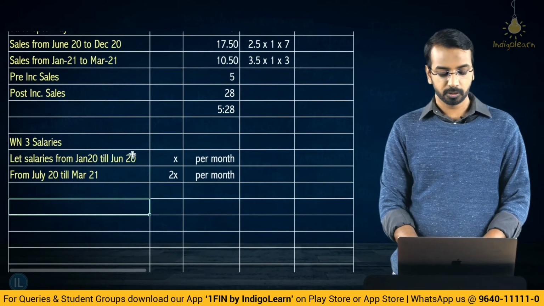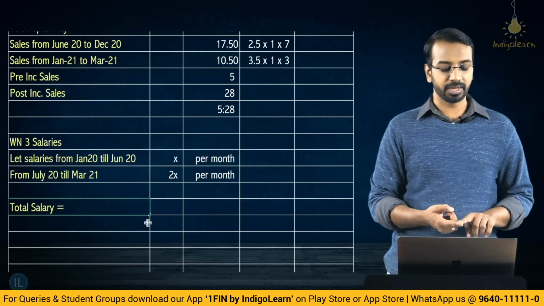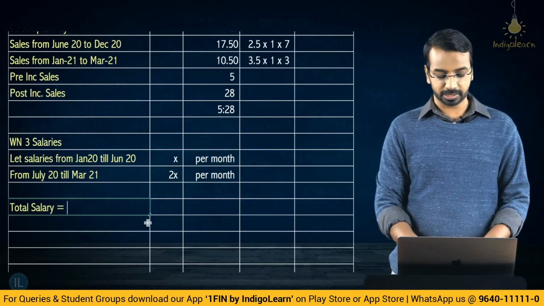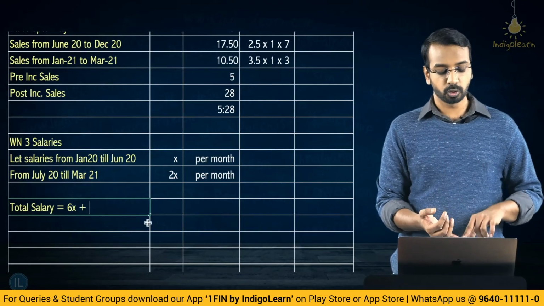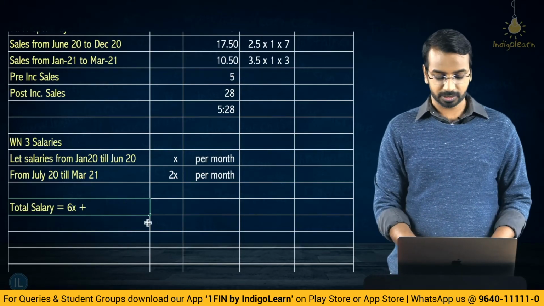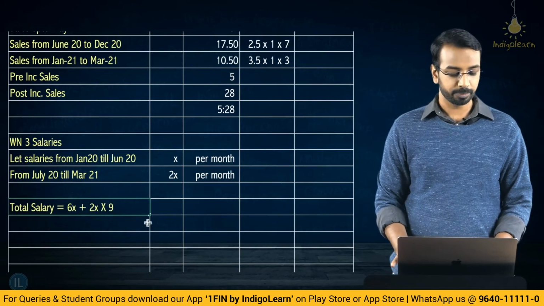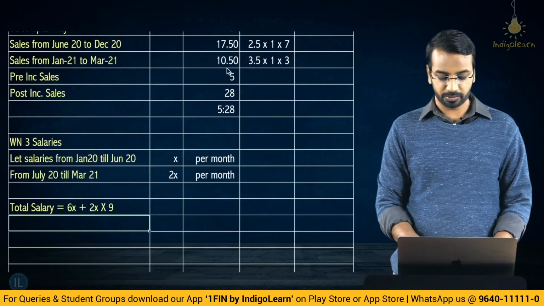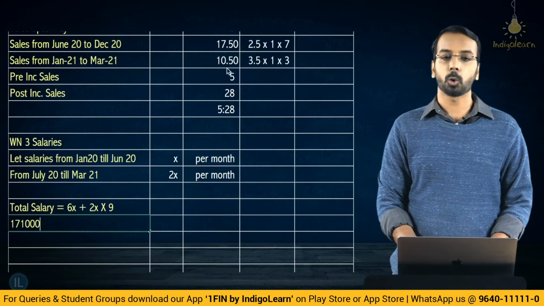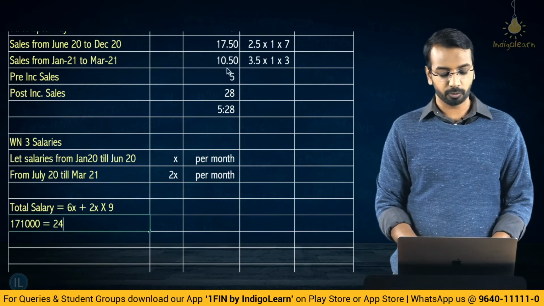So if you solve this, total salary is equal to how much? X per month from January till June 20, so Jan to June is 6X, plus after that it is 2X, from July till March 21, 9 months, 2X multiplied by 9, okay. So that is the total salary. The question mentioned total salary as 1,71,000, which is equal to 6X plus 18X, you get 24X.